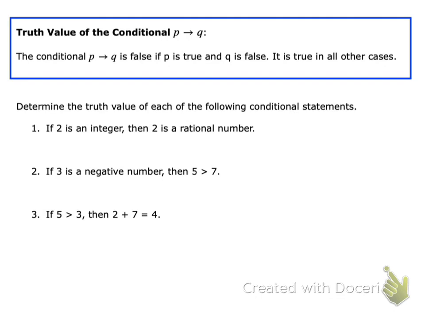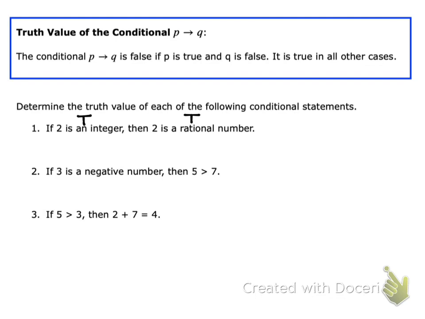If 2 is an integer, then 2 is a rational number. Okay, 2 is an integer. Is that true or false? True. 2 is an integer. 2 is a rational number. Is that true or false? It's true. Rational, remember, is like the next one out of integers.